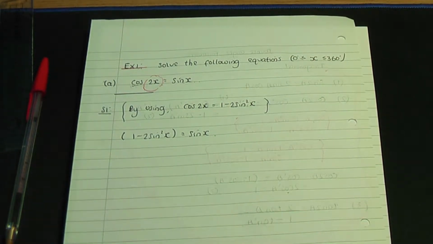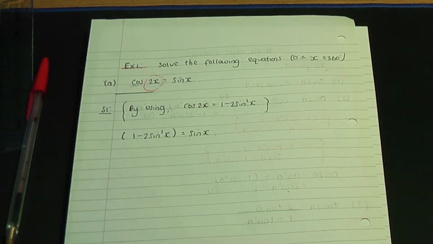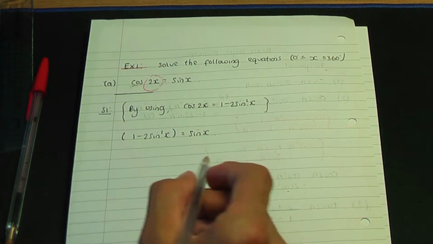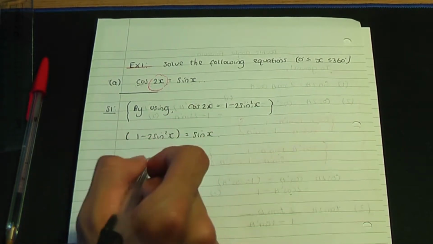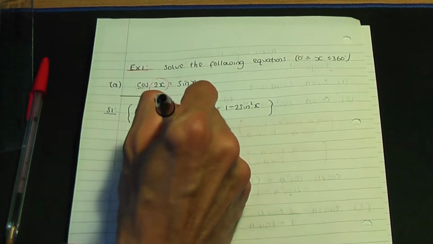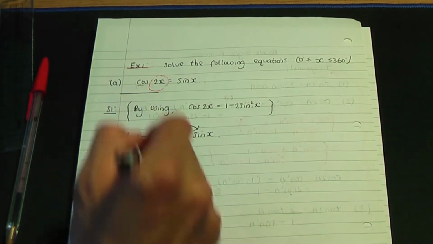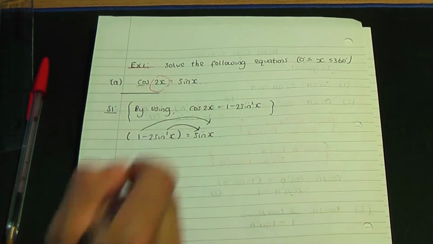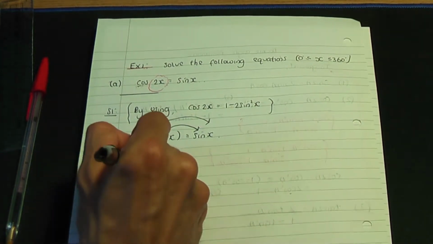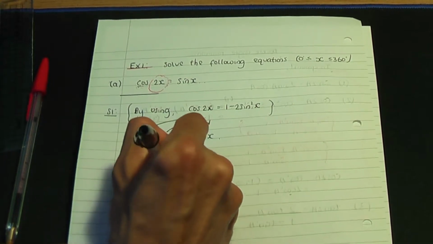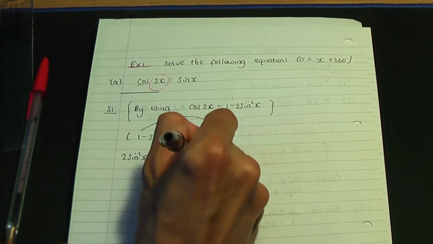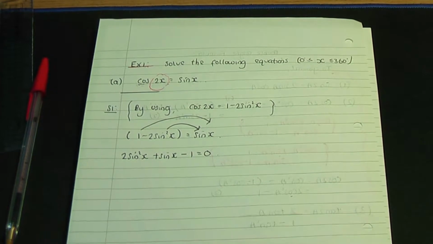Now if I rearrange this, bringing all of my terms to one side, taking the minus 2 sine squared x and the plus 1 to the right hand side, we're going to have 2 sine squared x plus sine x minus 1 is equal to 0.